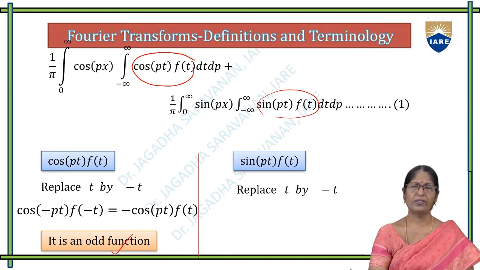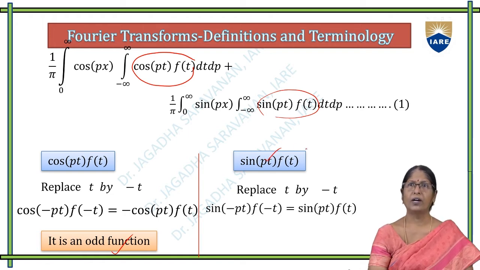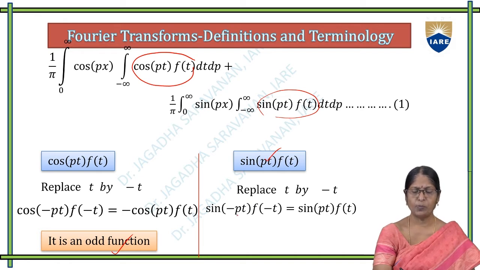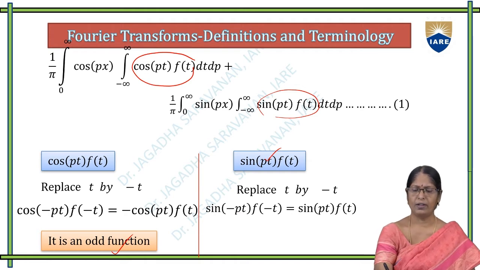We will replace t by minus t. Noticing pt, that t we are replacing by minus t, so it has become sine of minus pt. We know sine of minus theta is nothing but minus sine theta.